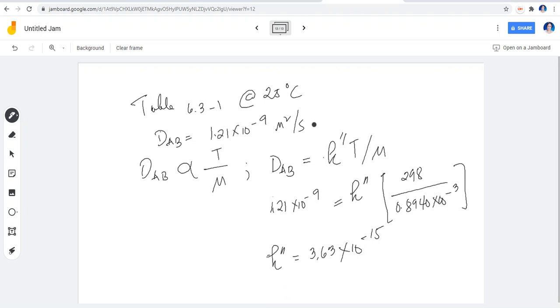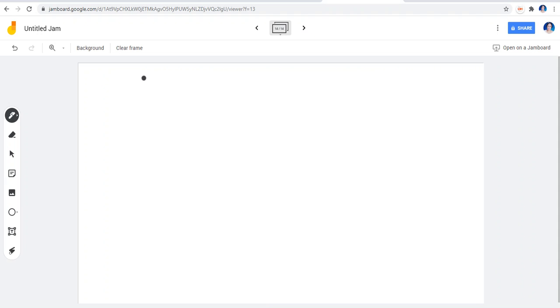Now I will use this same constant when I determine DAB at 26.1 degrees C. So that constant, which is 3.63 times 10 raised to negative 15, will now be multiplied to the new temperature, which is 299.1.